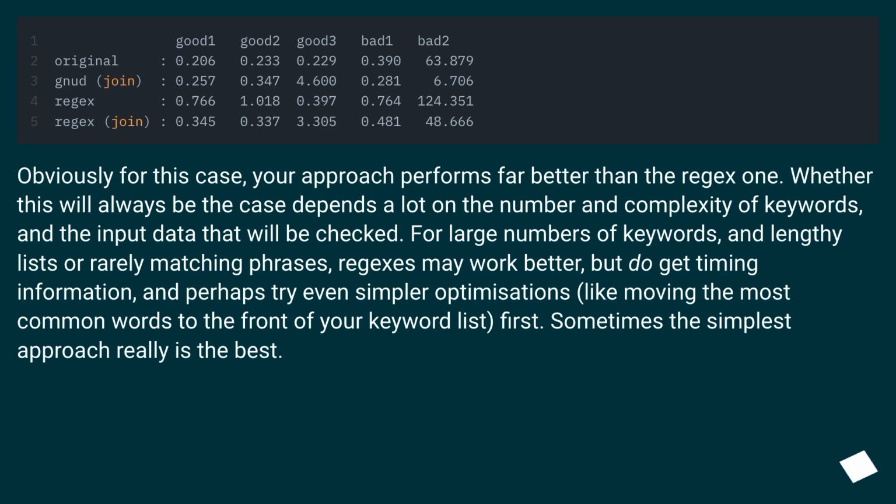Whether this will always be the case depends a lot on the number and complexity of keywords, and the input data that will be checked. For large numbers of keywords, and lengthy lists or rarely matching phrases, regexes may work better, but do get timing information, and perhaps try even simpler optimizations, like moving the most common words to the front of your keyword list first. Sometimes the simplest approach really is the best.